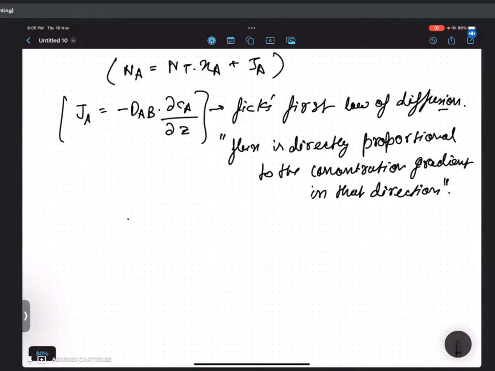Suppose you consider flux in the z direction, so this will be directly proportional to minus dou Ca by dou Z.